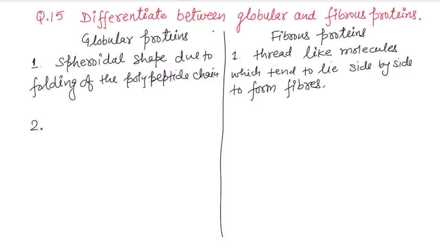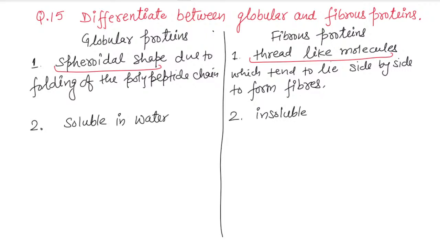This is the first difference: globular proteins are spheroidal in shape and fibrous proteins are thread-like. Second, globular proteins are soluble in water, but fibrous proteins are insoluble in water, because in fibrous proteins polar groups are bonded together, but in globular proteins polar groups are outside towards water.